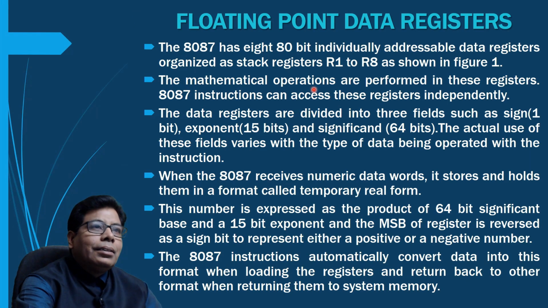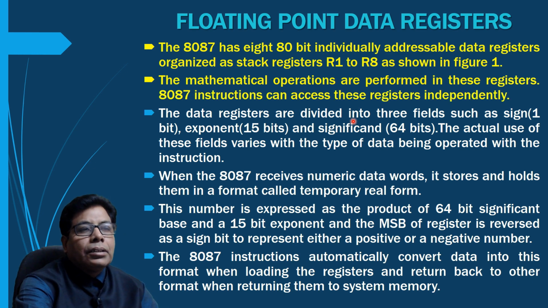Then let us see the floating point data registers in detail, so that the understanding of the instructions will be easy. The 8087 has 80-bit individually addressable data registers, organized as stack registers. Here they are called stack registers because the organization is just like a stack.